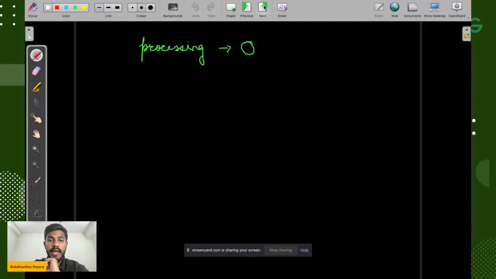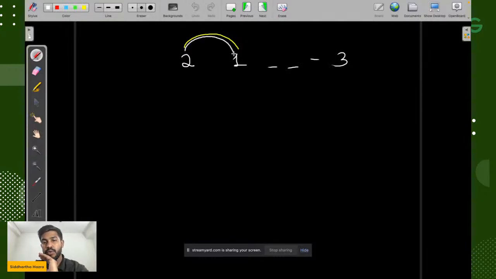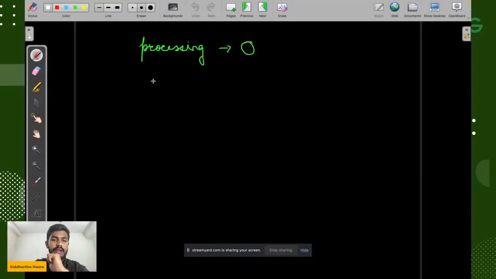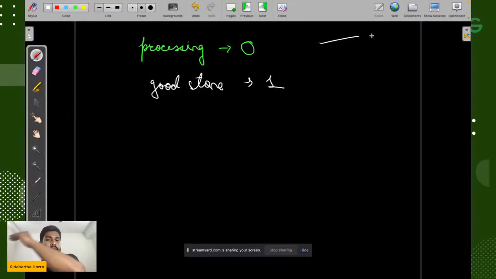Suppose I have visited 2, then 1, then suppose here I have 5, and then I go out. At this point, if 2, 1, 5 is present and I go out, then this is a good stone. If the current stone is good, we would return 1. If we are processing a path, the return value would be 0, meaning not yet processed.